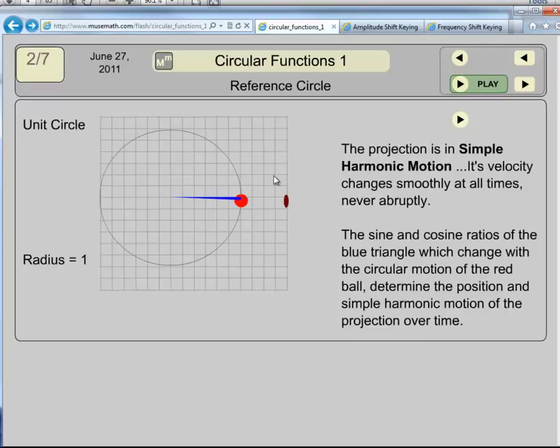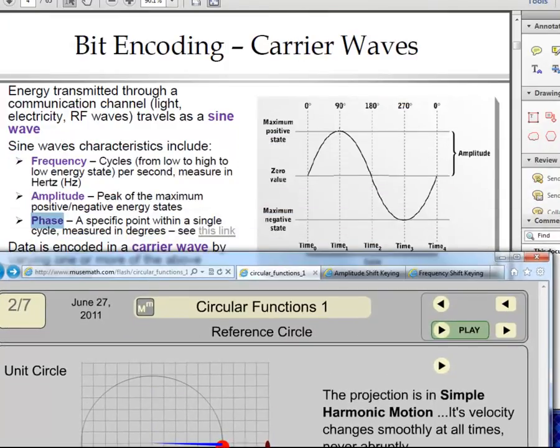I'm going to call them out as we run this. There's 90, 180, 270, 0. Looking again back here, 90 was the maximum peak. 180 back to 0. 270 was the negative peak. 360 or 0 back to the starting point.